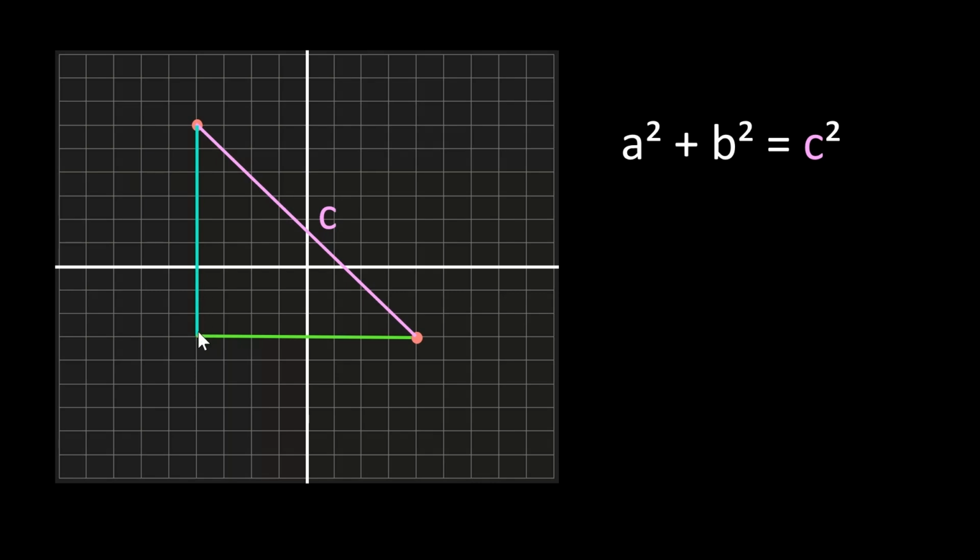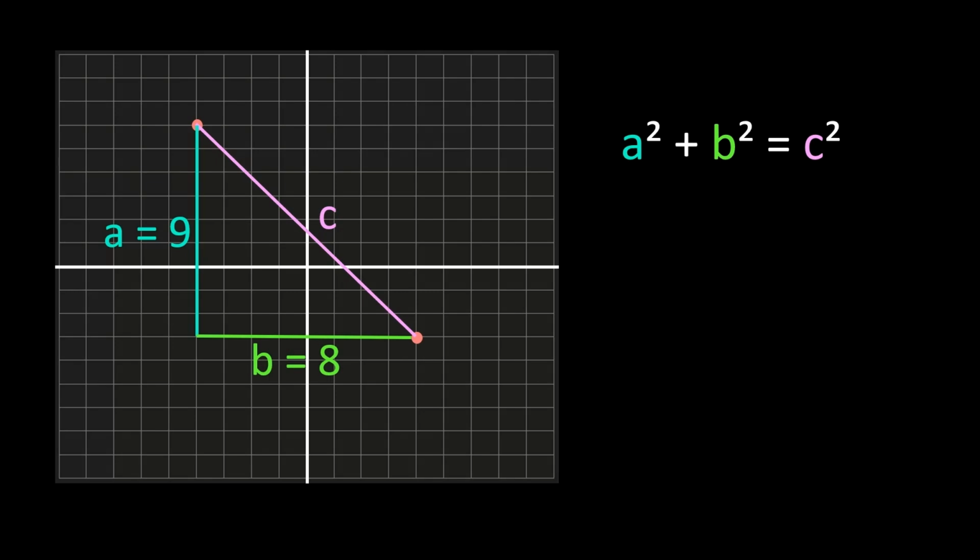So the length of that side of the triangle is 9, and I can let that be A. To find B, I'm going to determine the length of this side of the triangle. And so that length is 1, 2, 3, 4, 5, 6, 7, 8. So the length of that side of the triangle is 8, and I'm going to let that be B.